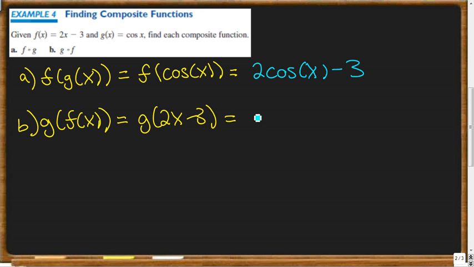We get the cosine of 2x minus 3. So with composite functions, and we'll see them quite a bit in this course, you just need to make sure that you are accounting for the correct output and the correct input, and you're good to go.